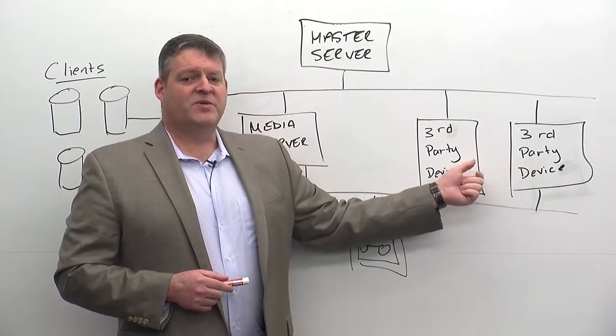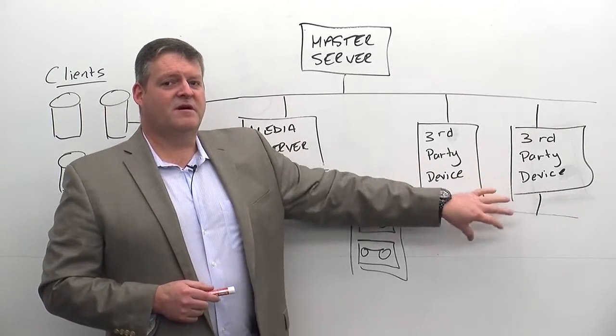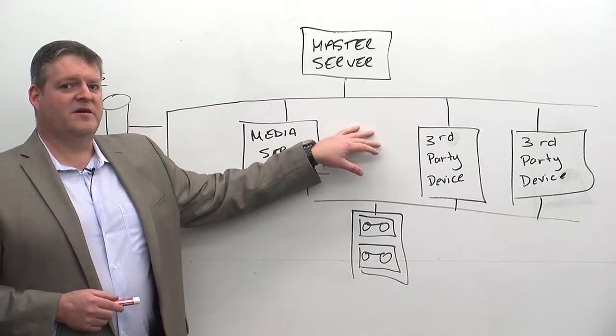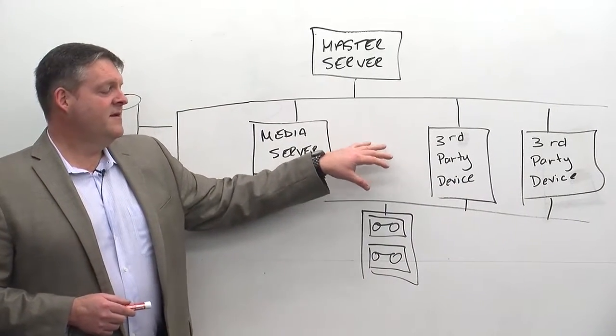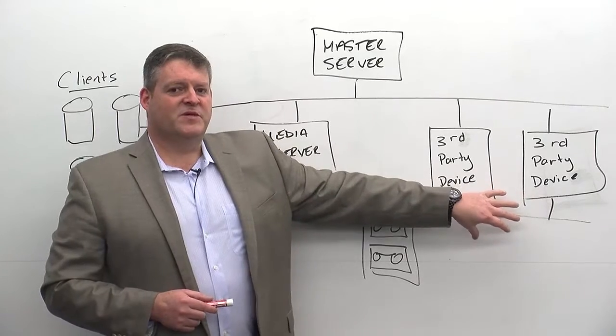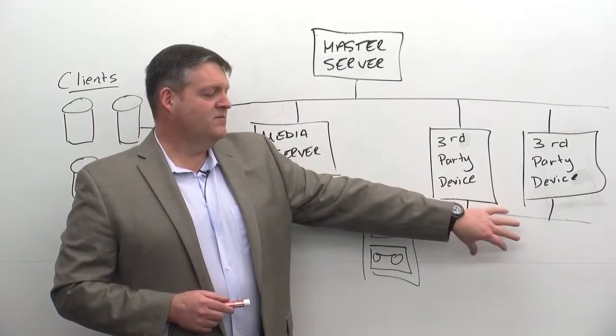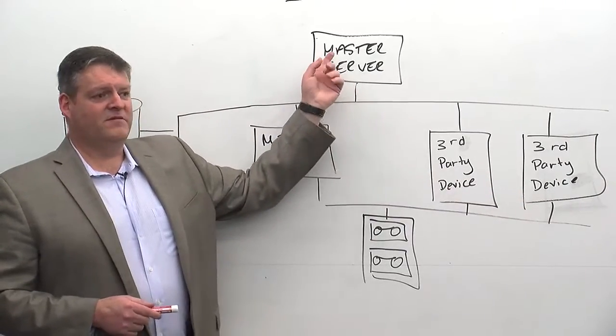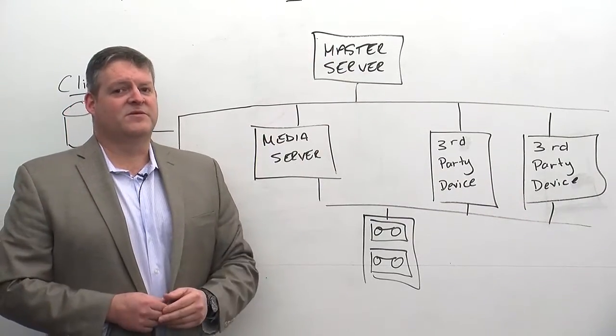Now, when this happens from one device to the other, this is a hardware-controlled function. This is not software-controlled, and it's outside of NetBackup's control when it's third party. So if these images are being written to other sites and other devices, then we need a way to keep that communication and all of the image data back on the master server catalog.